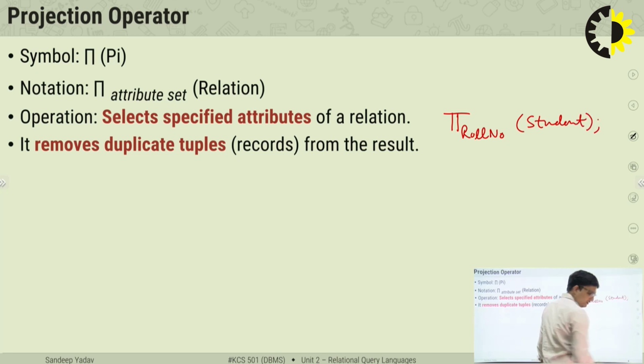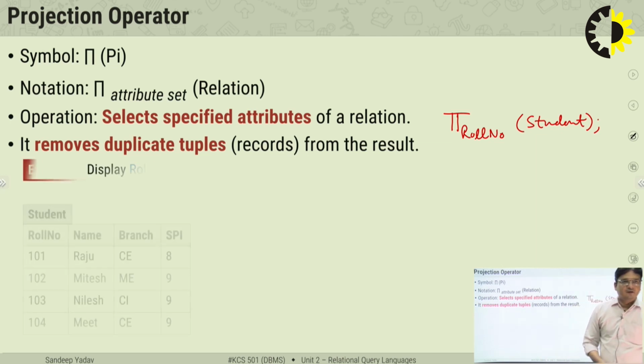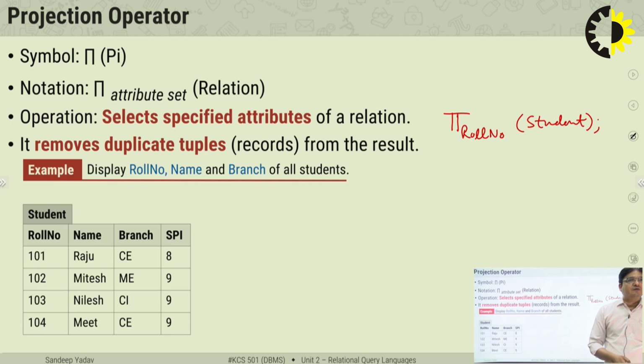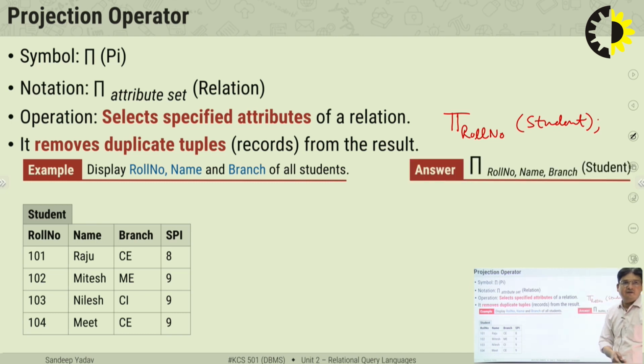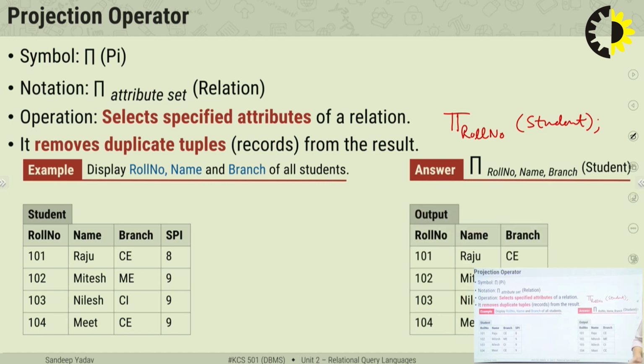This is how we can show the roll number. Now next we will write to show some more attributes. Now we have to display student name, roll number and branch. Now how to write the query is pi roll number, name, branch followed by the name of the student. Now that will provide you the following output.